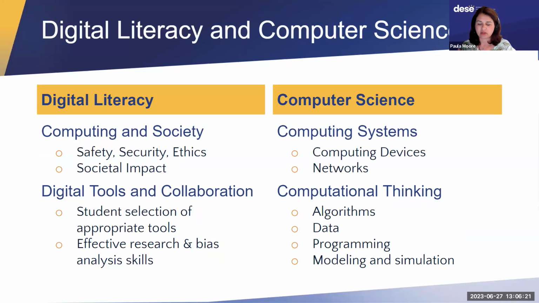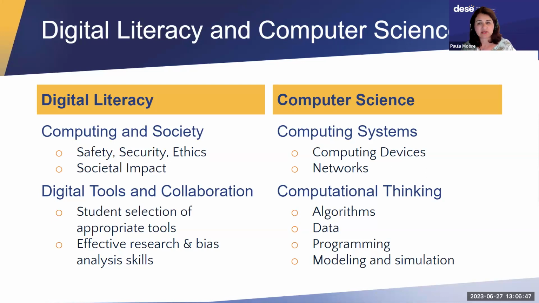Beyond programming, we have computing systems, having students understand computing devices and networks like the internet and how that works. Computational thinking, developing algorithms and learning how to use algorithms that might already be out there. Data science, how to evaluate data, as well as programming and modeling and simulation.